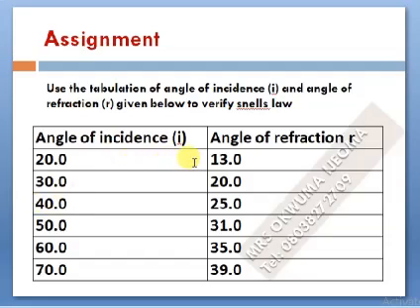So you are going to use this angle of incidence given and angle of refraction given. Use it to verify your Snell's law. Remember the Snell's law: the ratio of the sine of angle of incidence to the sine of angle of refraction is what? Constant for a given pair of media.